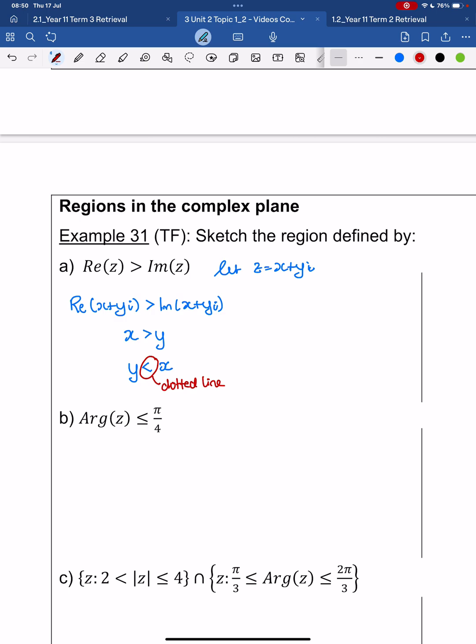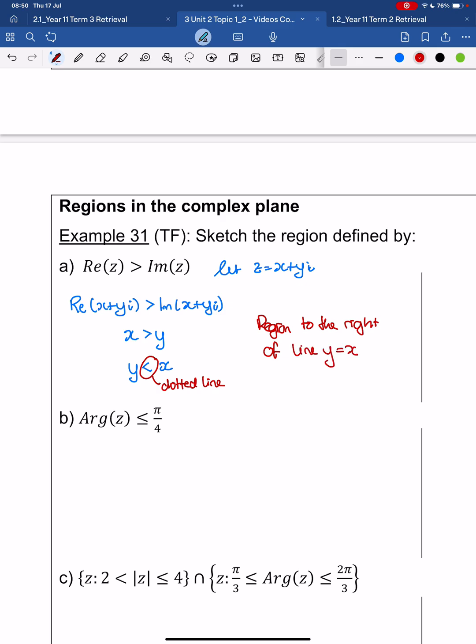Okay, and what function looks a little bit like this? Well, if I'm looking for the region where y is less than x, what I've got is a region to the right of the line y equals x.